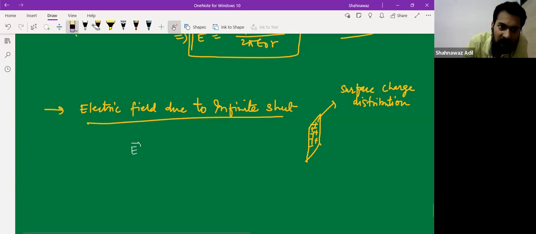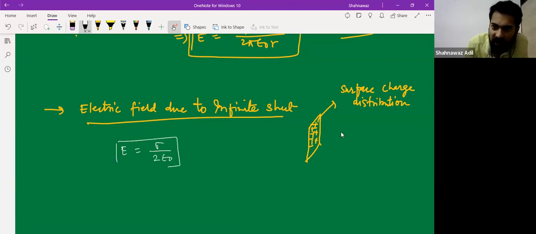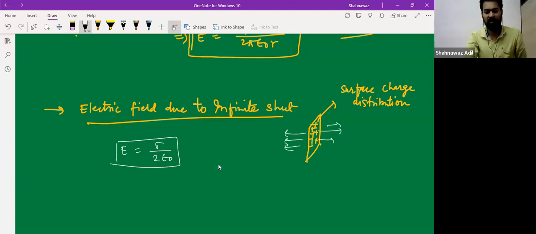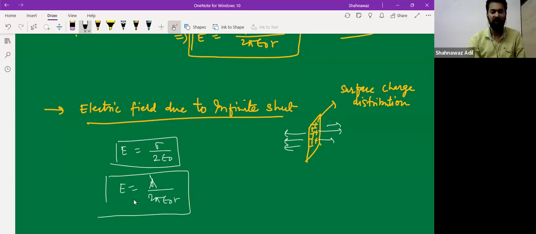The magnitude of the electric field due to this would be sigma by 2 epsilon, in this direction and in this direction. So this is the electric field due to an infinite sheet. The sphere is not in your syllabus, only the infinite sheet is in your syllabus.